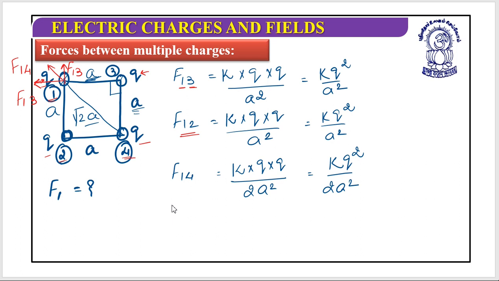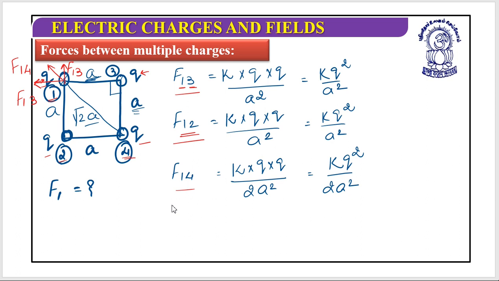So the first task is to find out the magnitude of the force by each charge on that charge. So I have calculated F13, F12, F14. In the next step, I need to find out the direction.